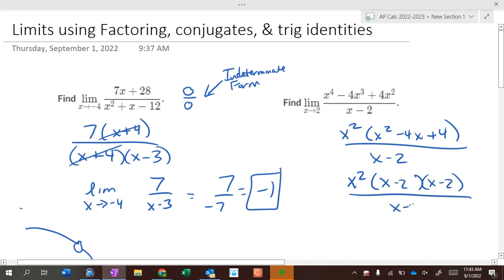And one of the x minus 2's cancels with the x minus 2 here. So the denominator is just 1. If you stick a 2 in, 2 squared is 4, 2 minus 2 is 0. So it's 4 times 0, which is 0. So the limit is 0 for that one.